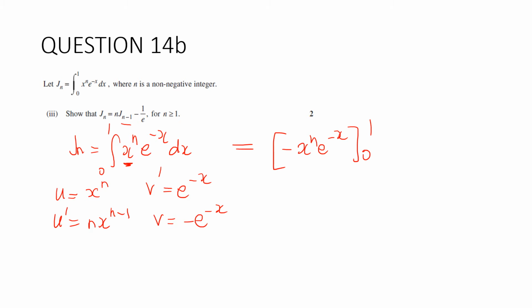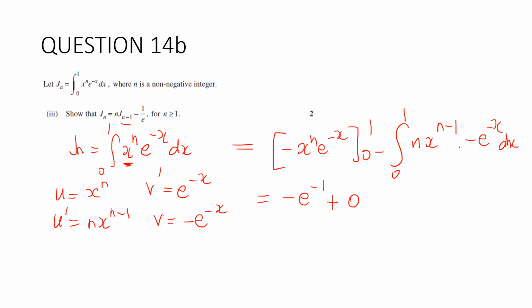Right, so this is equal to u times v between 0 and 1, take away the integral between 0 and 1 of u dashed v, so n x to the n minus 1 times negative e to the negative x dx. Substituting in, we get negative 1 times e to the negative 1, take away, plus, putting the 0 in gives us 0.